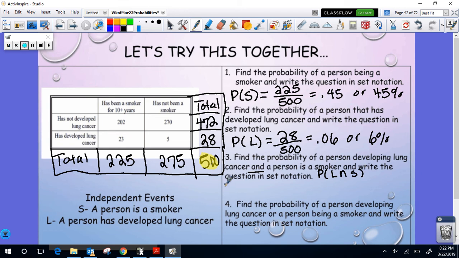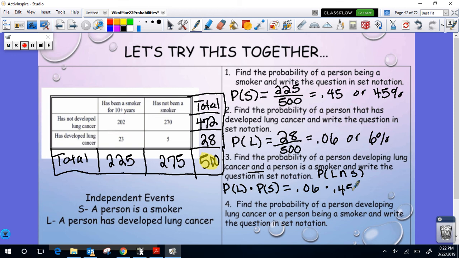That formula is the probability of L times the probability of S when those events are independent, and these are in this case. So we're going to take the probability of S and L, which we already have. So L is 0.06 multiplied by 0.45.